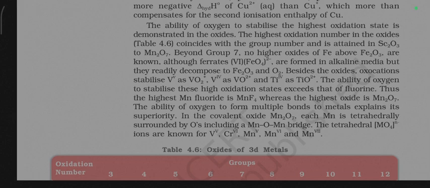The ability of oxygen to form multiple bonds to metals explains its superiority. In the covalent oxide Mn2O7, each Mn is tetrahedrally surrounded by O's, including an Mn-O-Mn bridge. The tetrahedral MO4 n- ions are known for V5+, Cr6+, Mn5+, Mn6+ and Mn7+.